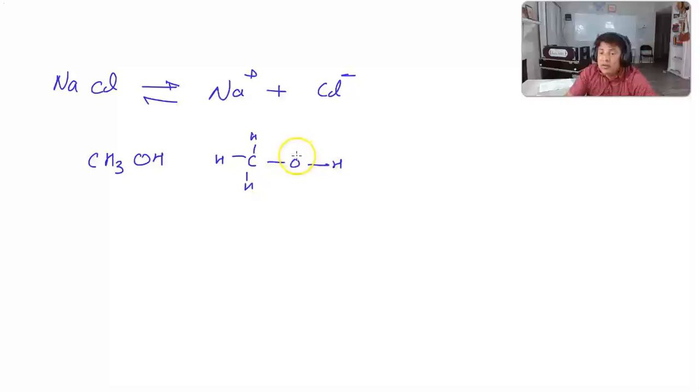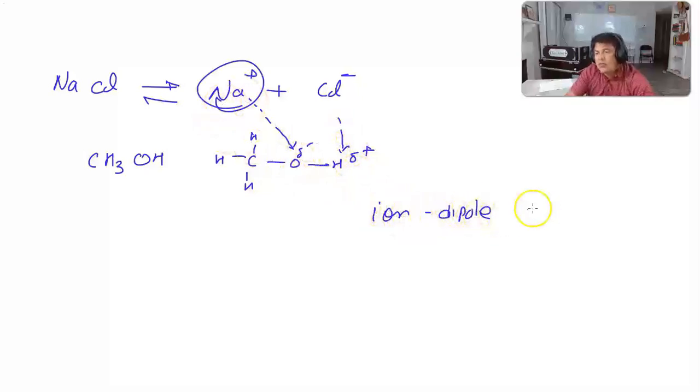For example, this is delta minus, this is delta plus. That's why this sodium can attract this end, and chlorine can attract this end. So ion-dipole interaction, ion-dipole attraction.